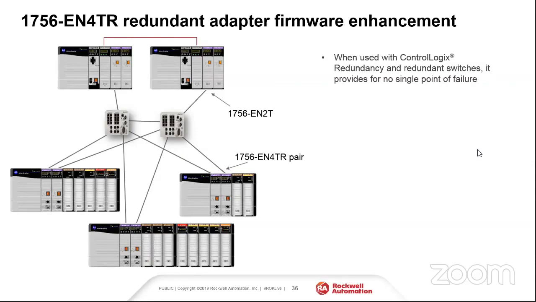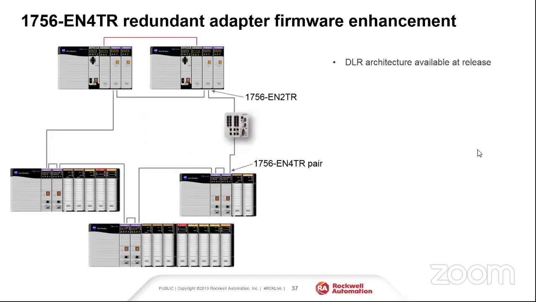So that would be our Stratix 5700 or 5400 connected up to your IO network through the ControlLogix on the top end side. If you needed to have a single switch in between the ControlLogix adapter or processor to the IO, the requirement would be that switch in the middle would need to be a red box. So again, it would be that Stratix 5400 that David was talking about if we're looking at a single switch there.